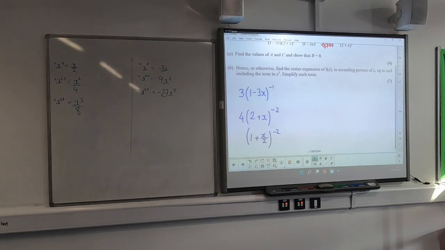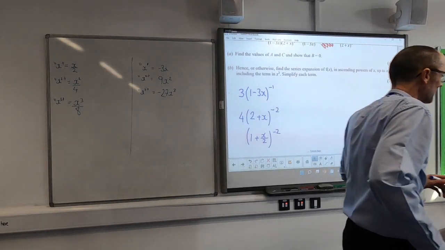So I've done your x squared and x cubed for you for both sides.